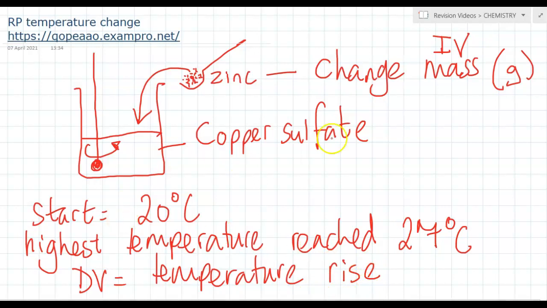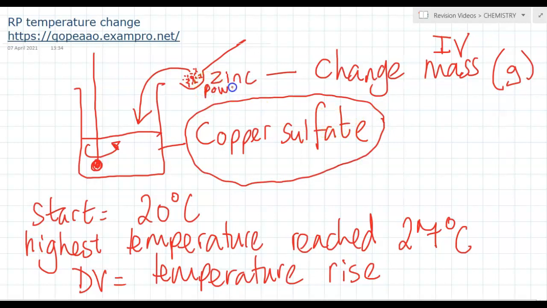And then we've got to think, what do I need to control in order to make my data valid? So looking at this set of apparatus, I need to keep everything the same apart from the mass of zinc. It's going to be zinc powder, so that's okay. The surface area of the zinc will stay the same.